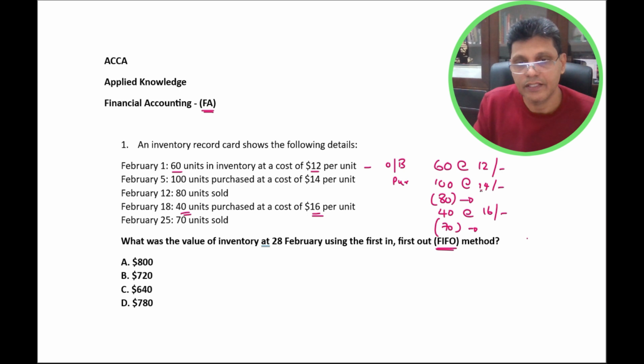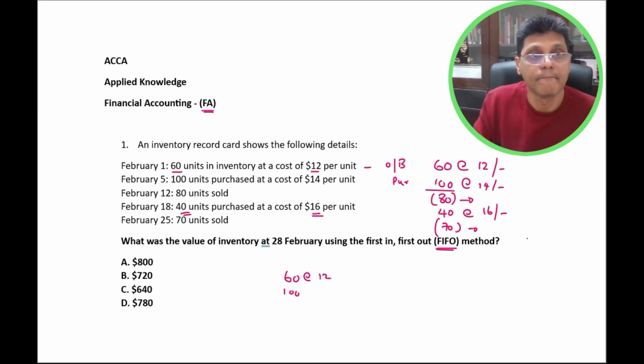Now 60 units at the rate of 12 and 100 units at the rate of 14. So the total quantity available is 160. From this, 80 units were sold, so the balance will be 80.